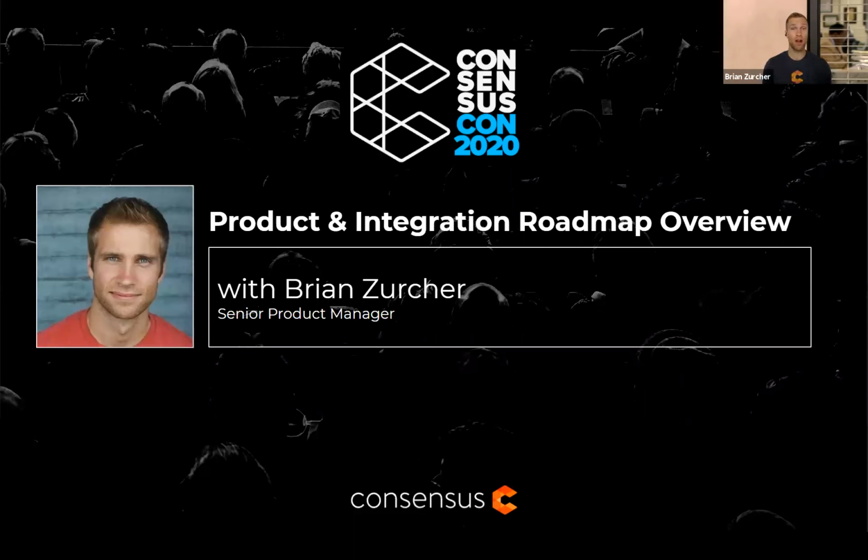Before we jump in and get started, I want to do some housekeeping, make sure everyone can hear and see everything okay. During this presentation, we're going to use the hand raise functionality a decent amount, just so we can get a running feedback going of some of the features that we'll go through and some of the things you're experiencing with Consensus right now. For those of you that can, move your mouse around over the Zoom screen. You'll see the little hand that comes up in the bottom bar.